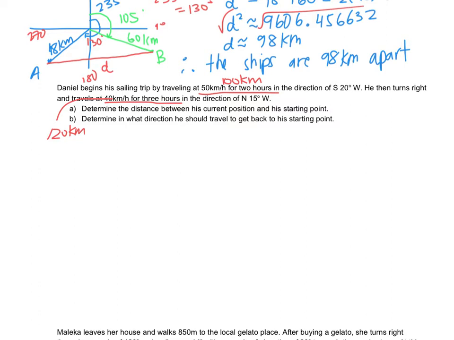So I'm just going to put a little grid here. So south is down here, west is here. I want to be 20 degrees, so to the left of south. So that is the first move, and this is the starting position. So 20 is over here.